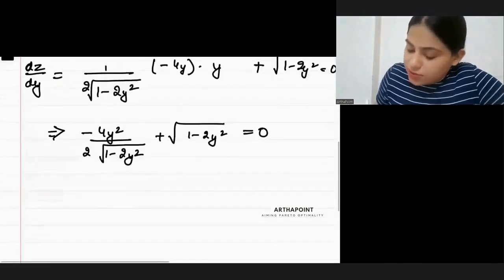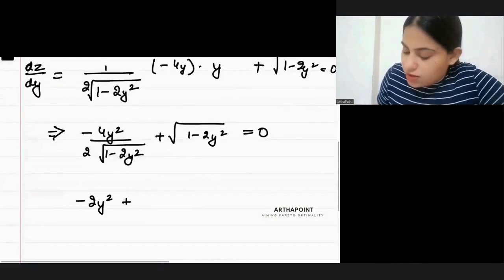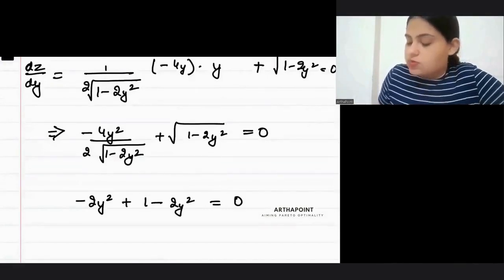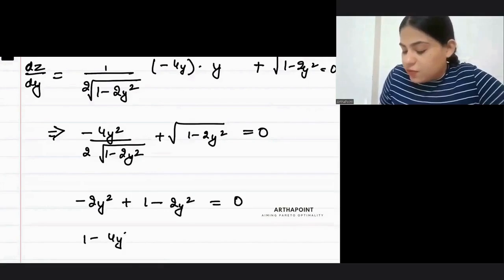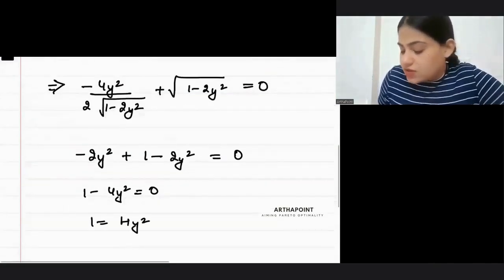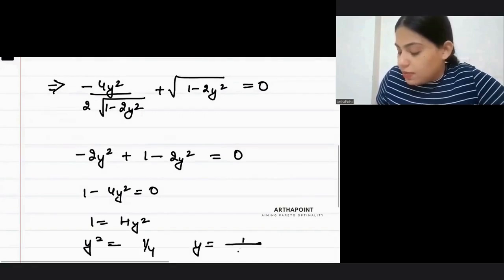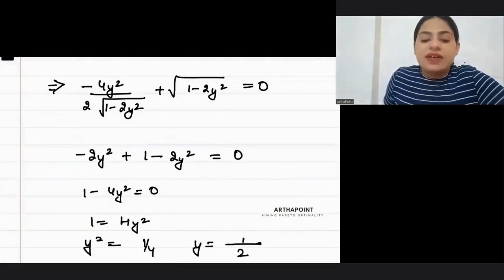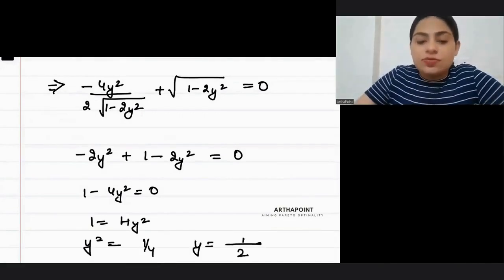So what will you get from here, beta? Minus 2y squared plus 1 minus 2y squared is equal to 0. So 1 minus 4y squared is equal to 0. So 1 will be 4y squared, so y squared will be 1 by 4. So y will be 1 by 2.